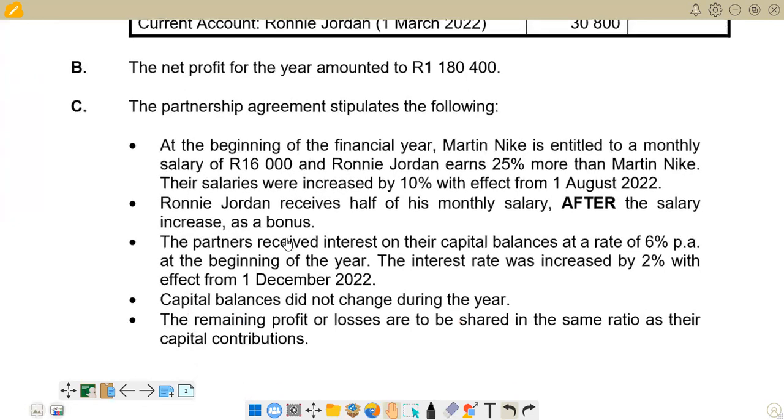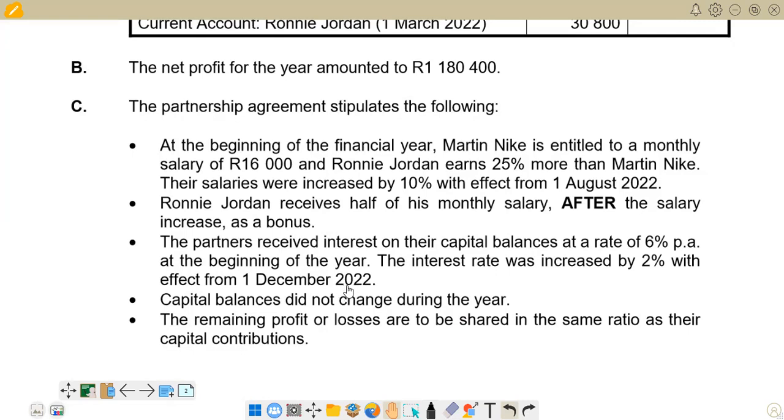Point number 3 explains interest on capital, and it says the partners received interest on their capital balances at a rate of 6% per annum at the beginning of the year. The interest rate was increased by 2% with effect from 1 December 2022. So we are going to calculate this interest on capital for two different periods for both partners.